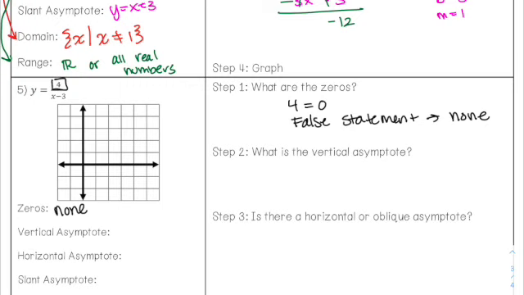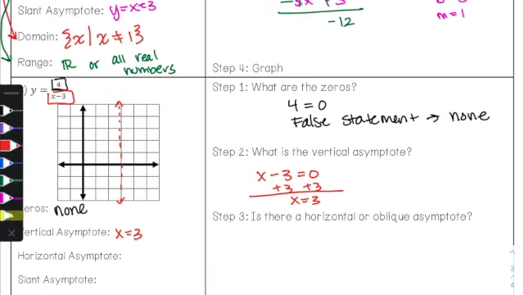For your vertical asymptote, that is when you set your denominator equal to 0 and solve. So I'm going to add 3 to both sides and get x = 3. So 1, 2, 3. Here is my vertical asymptote. To figure out if I have a horizontal or an oblique asymptote, I am going to divide.